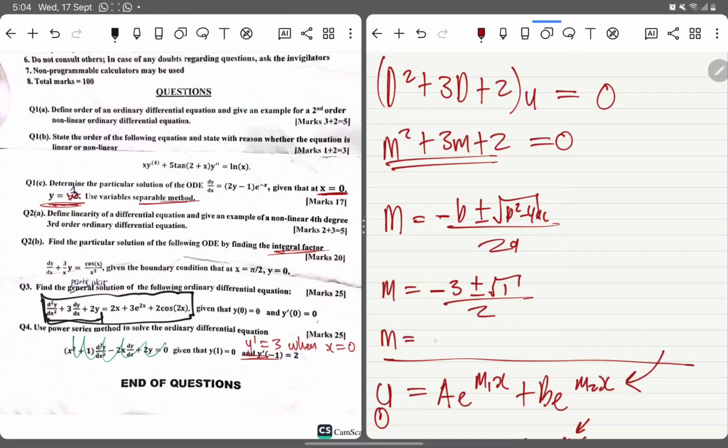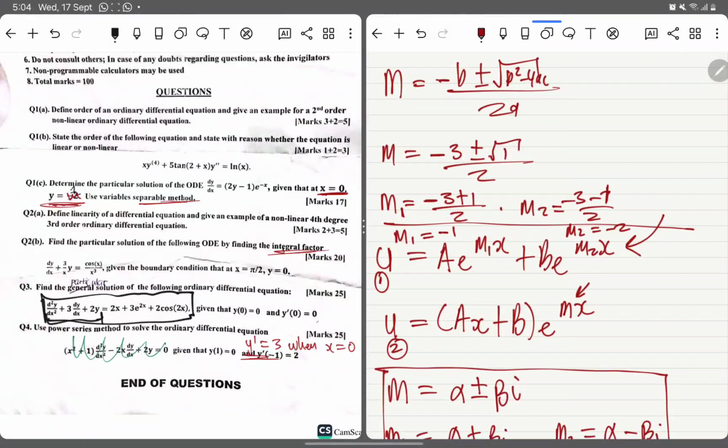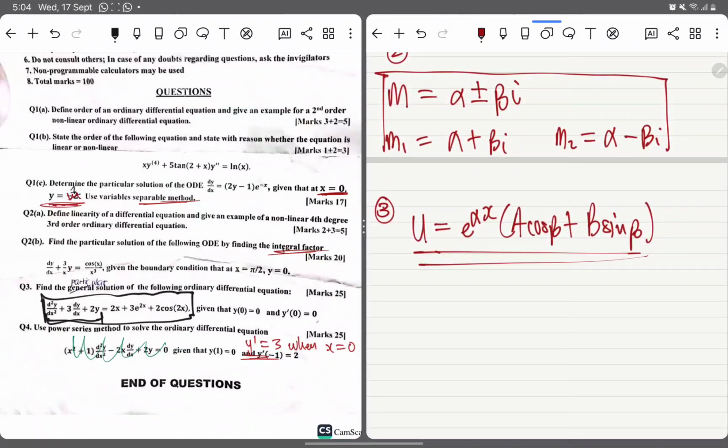So m being negative 3 plus root 1, which is just 1, all over 2, that was our m1. Then m2 is negative 3 minus 1 all over 2. So here we got our m1 being equal to negative 1, and our m2 being equal to negative 2. So once we have m1 and m2, negative 1 and negative 2, that means u is going to be in the form for two different distinct real solutions, right?